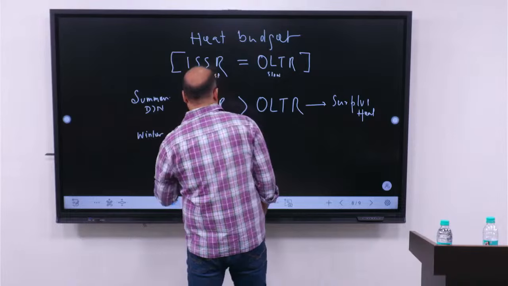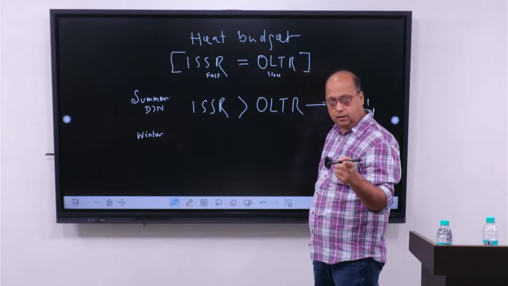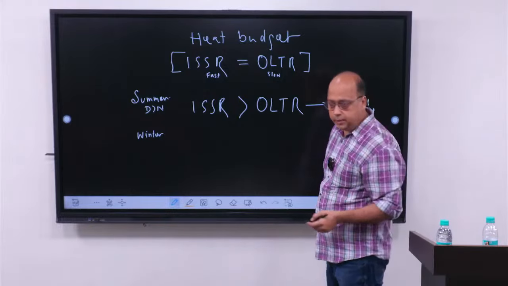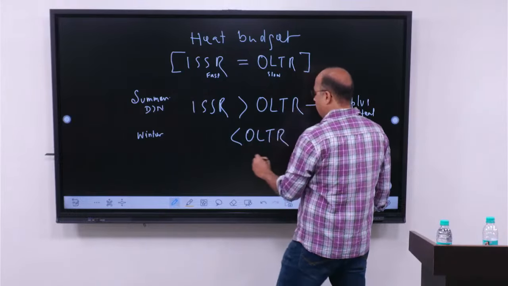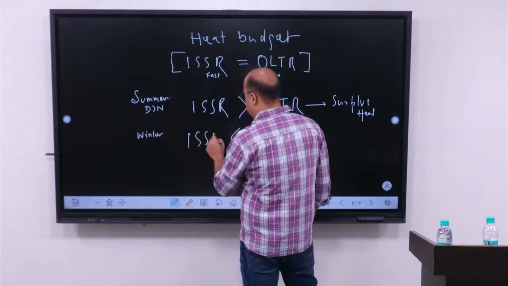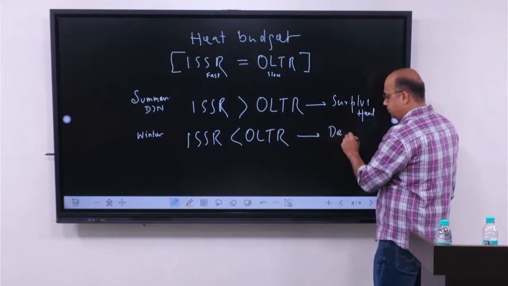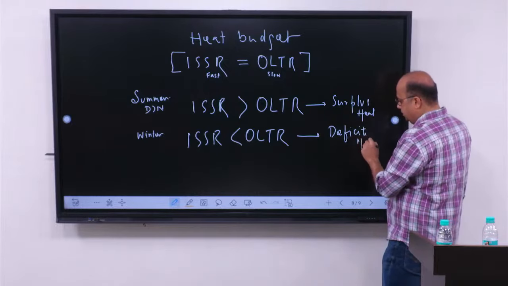Then in winters, what is more dominating? Are nights longer or days longer? Nights. And that is why outgoing long wave terrestrial radiation is more dominating. So outgoing long wave terrestrial radiation is more than incoming short wave solar radiation, and that is why we have a deficit of heat.